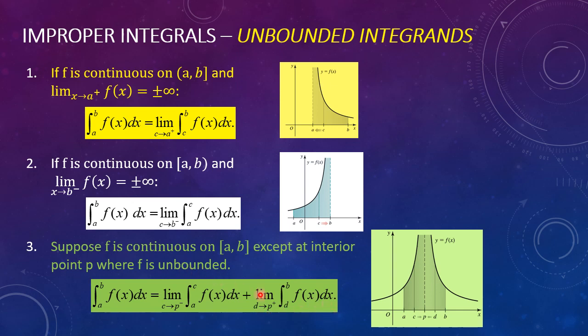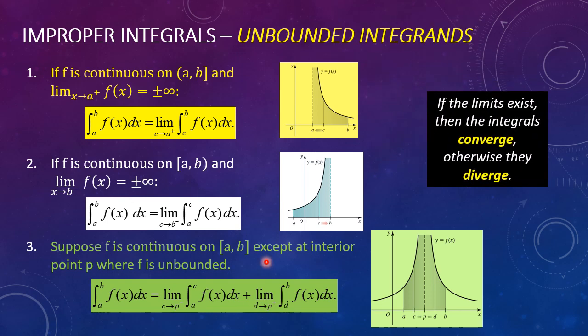Now here you see that we have different values, because we're talking about being on opposite sides of the asymptote. But notice that both of these are approaching by using the limit. They're both going to the value of p, just from the opposite direction. And again, similarly to what we saw before, if the limit exists, then the integrals converge, and if the limit doesn't exist, then the integrals diverge.